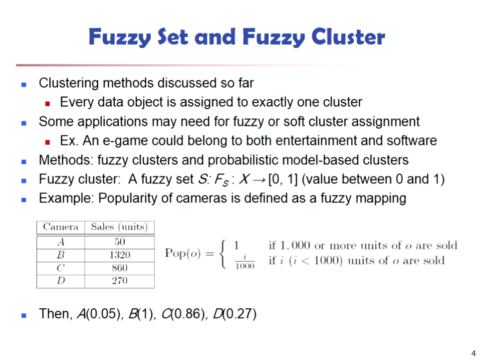It is clear why we use fuzzy. For example, an e-game could belong to both entertainment and software. In this case, the e-game has a participation in the first cluster and another participation in the second cluster. Is it clear?